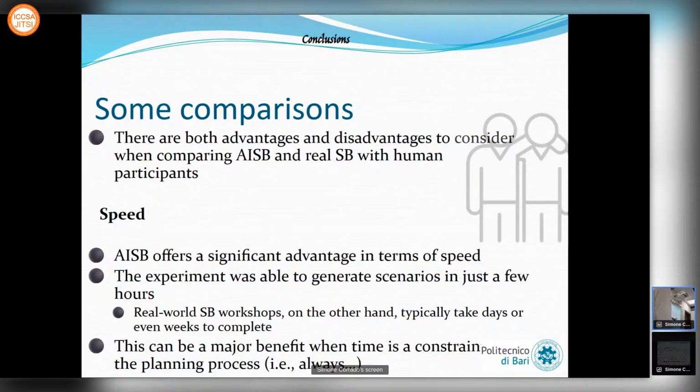And so having something that is able to suggest some scenarios in a bunch of days, or hours in this case, is something that is longed for by administrators, by policymakers.